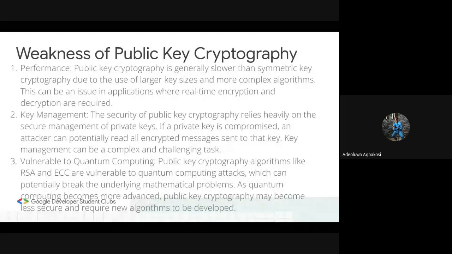That's the moment the document is being sent, you have to encrypt it, and the moment it's being received, you have to decrypt it. In situations like real-time communication, you have to deal with the performance issue in public key cryptography.